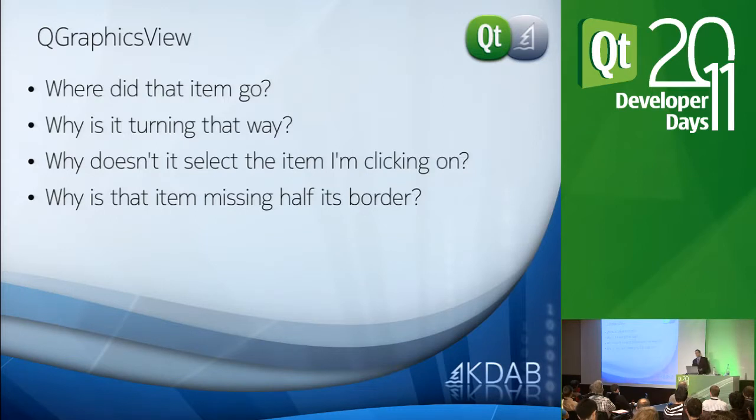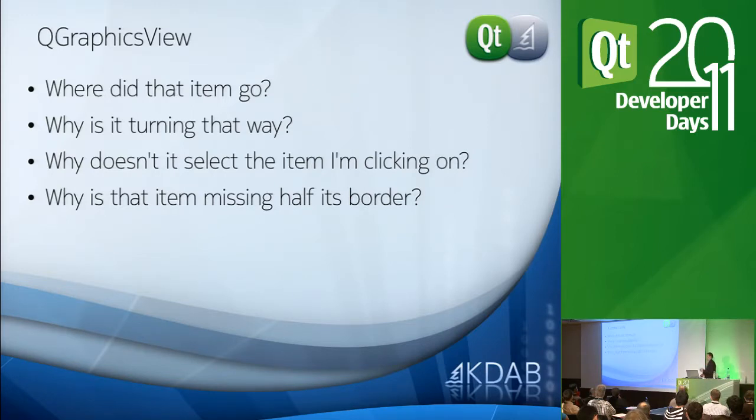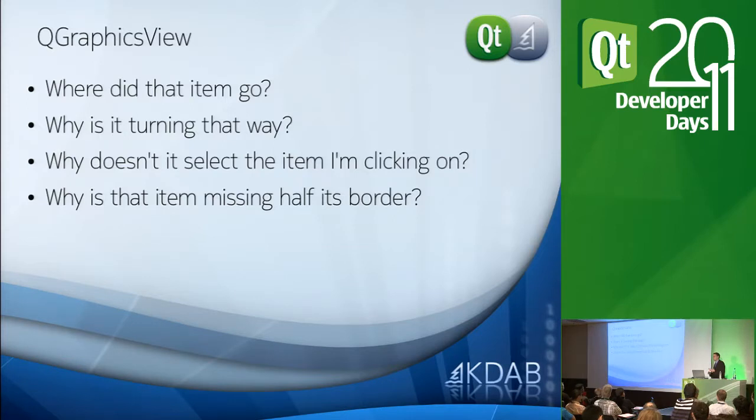When dealing with graphics view, especially if you have a large scene and you start to do transformations in there, especially rotation, that is the one I always get wrong. You might have the wrong transformation origin, or you have a wrong idea on where your coordinate system is, and then you just rotate your item completely outside of your view.